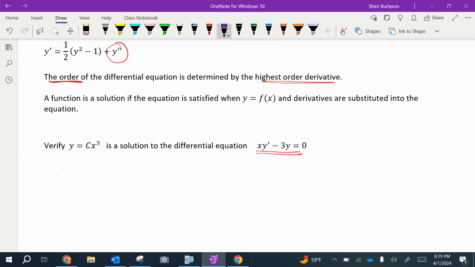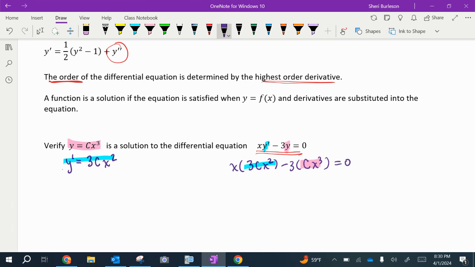So I need y and I need the derivative of y. So y prime will be 3c times x squared. y prime is going to be substituted in for y prime, and y is going to be substituted in for y. So I get x times 3cx squared, that was the derivative, minus 3 times y, c times x cubed.